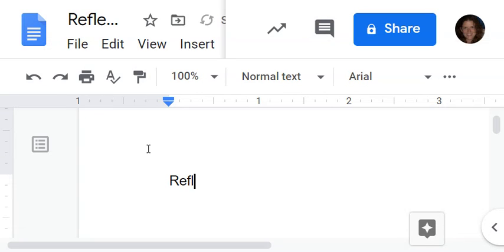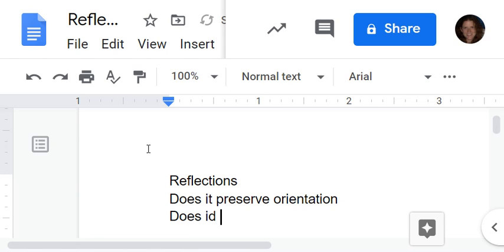Let's look at reflections. There are certain things we want to look at for reflections. Does it preserve orientation? Does it have symmetry?